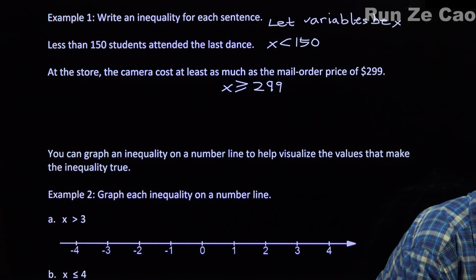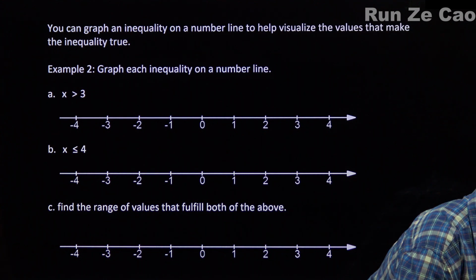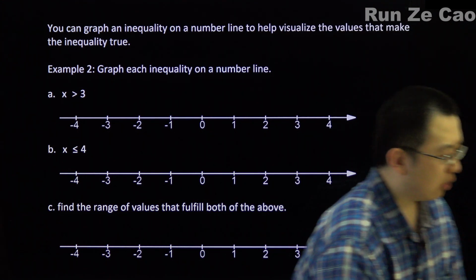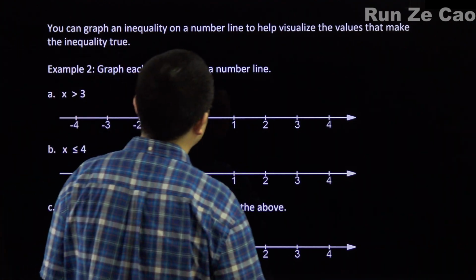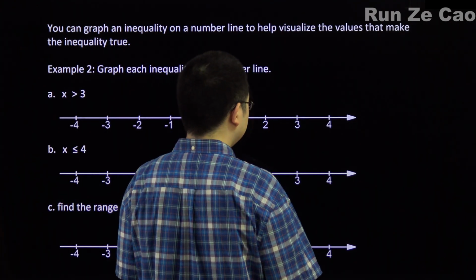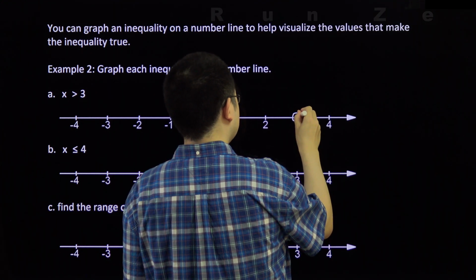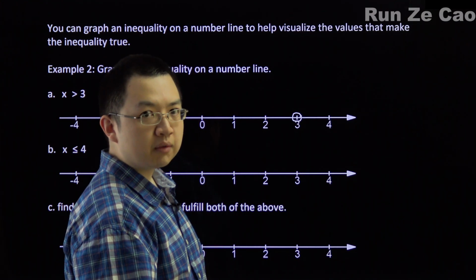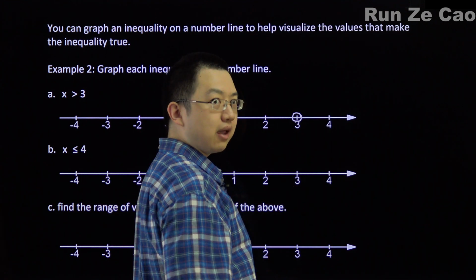So you can graph an inequality on a number line to help visualize the values that make the inequality true. Graph each inequality on a number line. There's actually two ways, two conventions for graphing inequalities. The open circle for not including this point and closed circle for including this point, they stay the same.